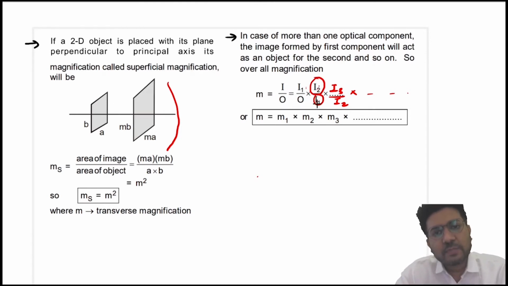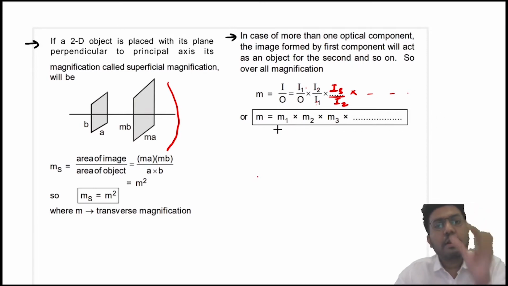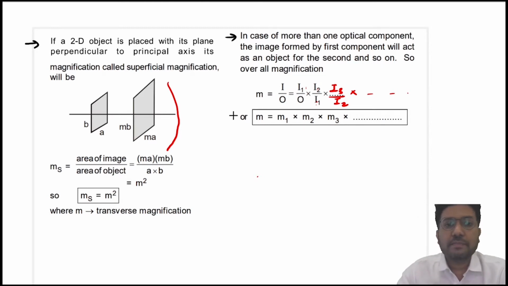Again, size of image by size of object is a magnification from the second component. So that is why you will say finally the net magnification or the overall magnification when there are more than one reflection or refraction is equal to m1 into m2 into m3 into dot dot dot, where m1 is the magnification from the first component, m2 is the magnification from the second component, and m3 is the magnification from the third component, and so on.